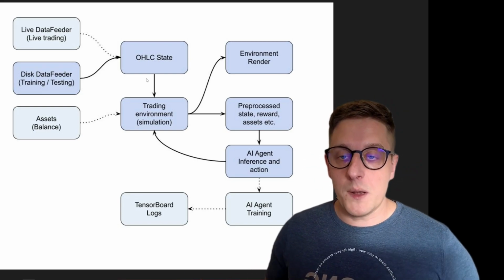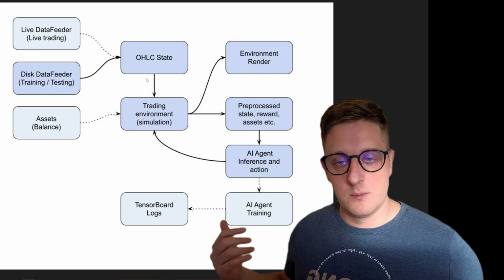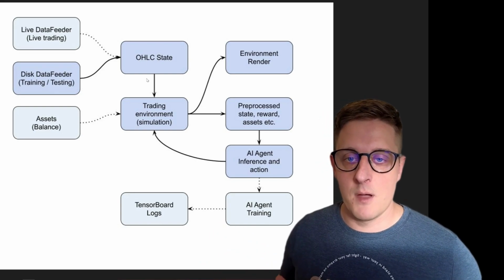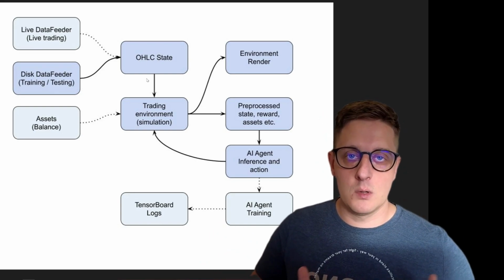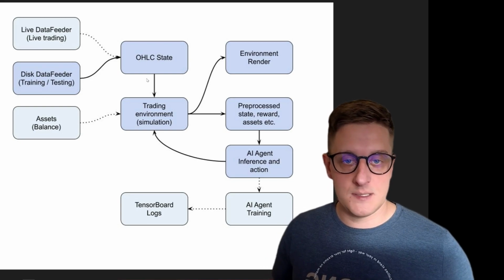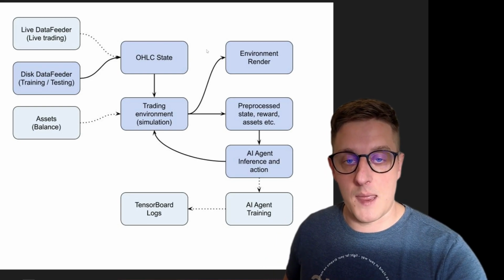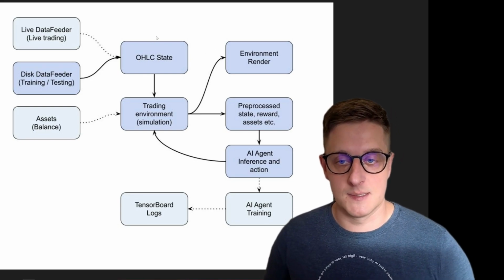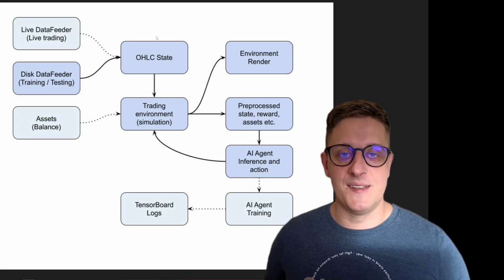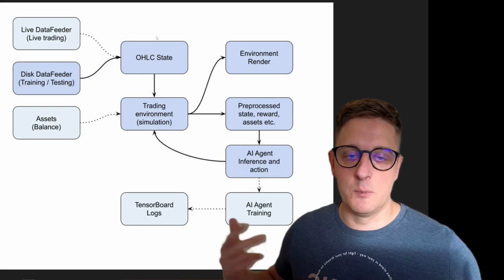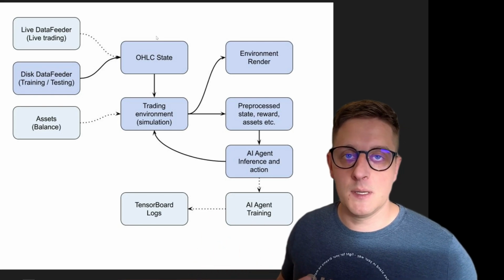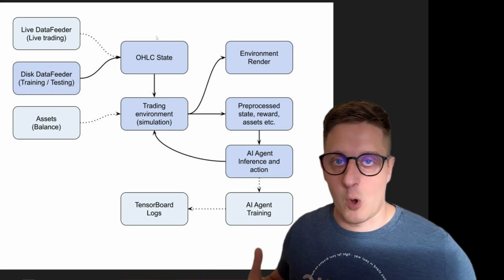Also, what do we have when we have our data on disk? We have open, high, low, close data for each time step, and we can make a state object from this data. We feed this data into some kind of simulation trading environment that we open.